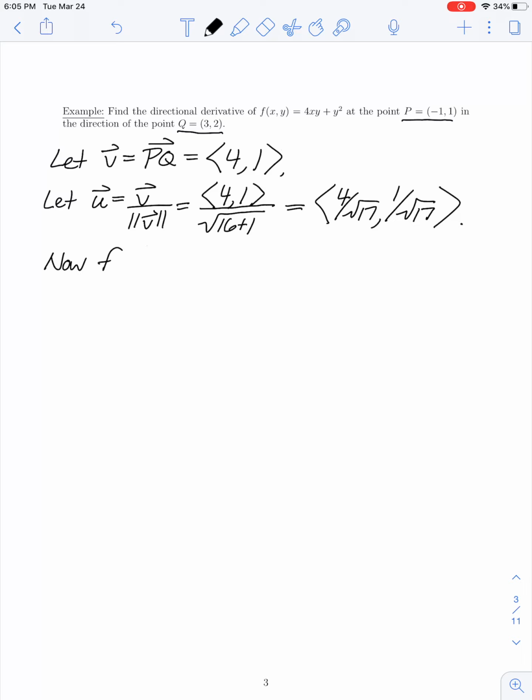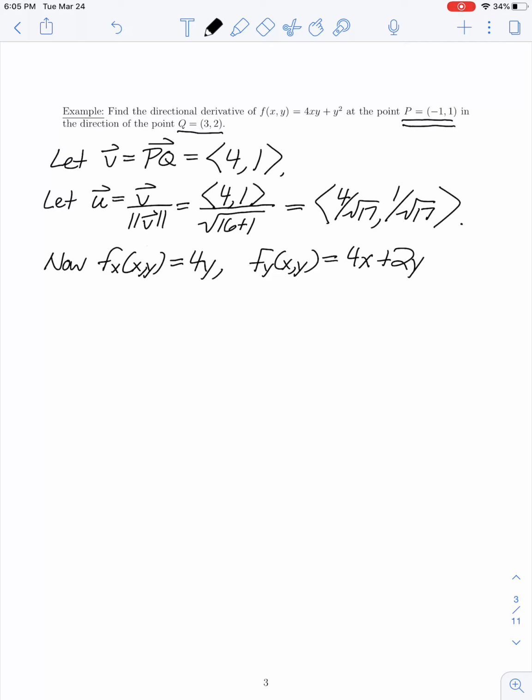Now, as with our last example, once we have our unit vector that specifies the direction of motion, we're going to need to find our partial derivatives of the function with respect to x and y. Here, the partial derivative with respect to x is 4y, and the partial derivative of our function with respect to y is 4x plus 2y.